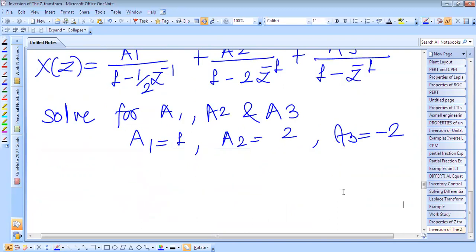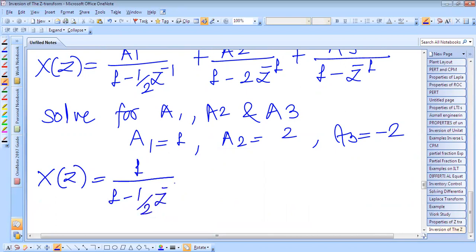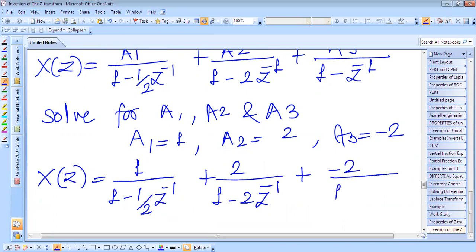And if you substitute these values, X(z) is 1 over (1 - (1/2) z^-1) plus 2 over (1 - 2 z^-1) plus minus 2 over (1 - z^-1).